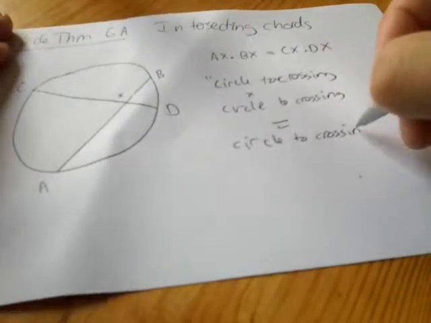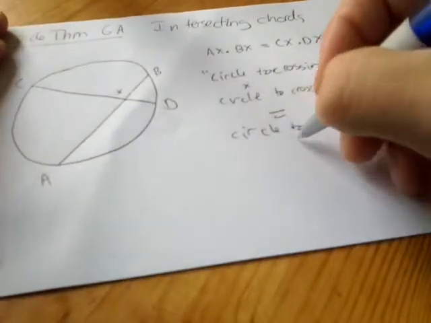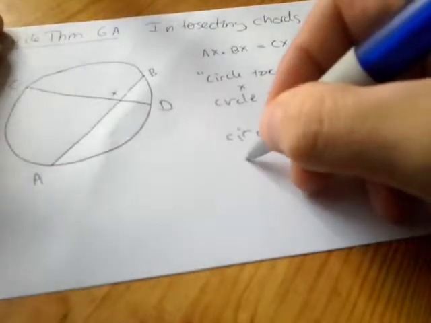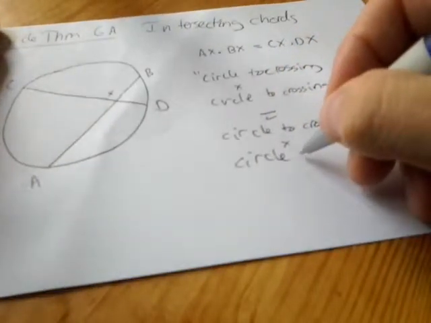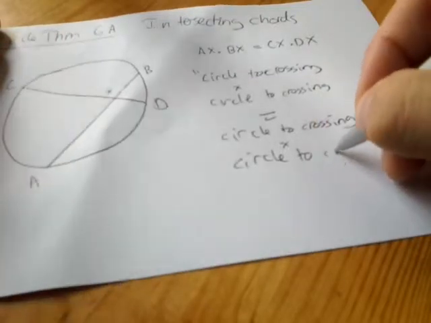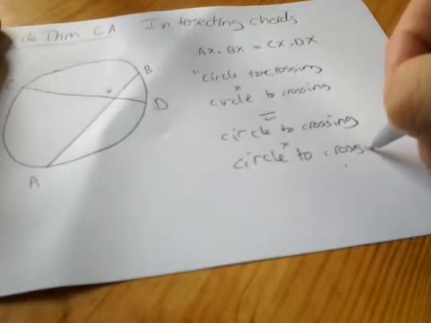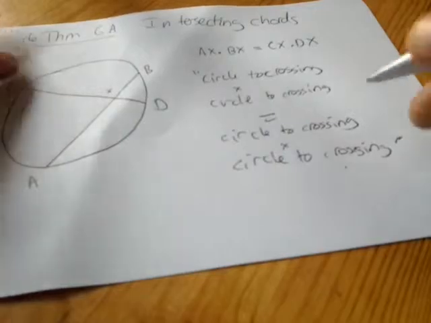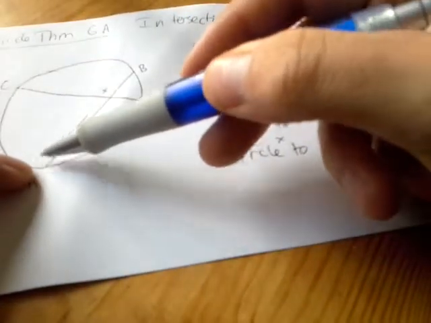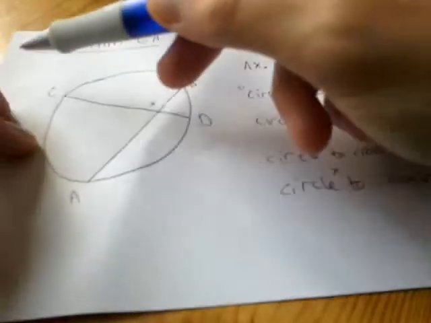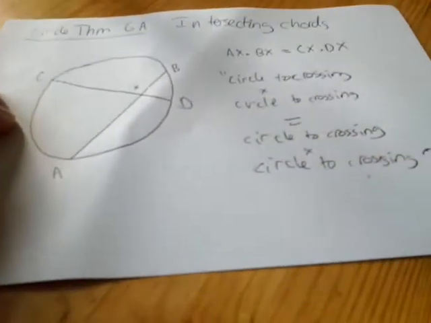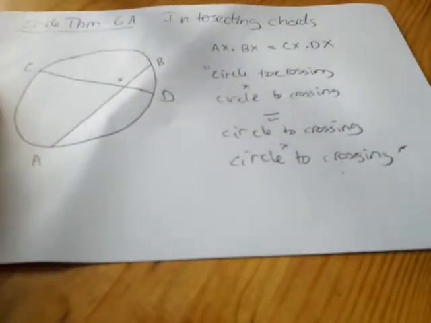Now you've just got to remember a few things with this slogan. It has to be circle to crossing times circle to crossing on the same line. And obviously the reason there are two of them is because there are two different points on the circle, so two different lengths from the circle to the crossing: AX and BX on the one line, CX and DX on the other. That is the intersecting chords theorem.